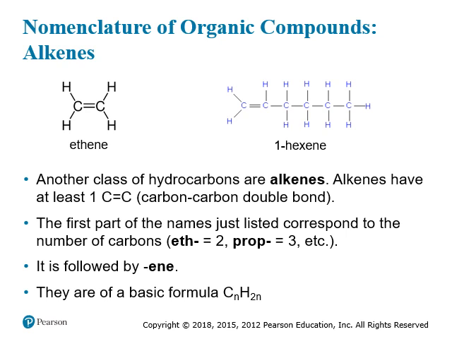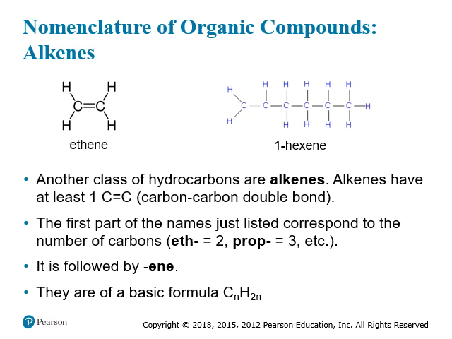Now, you'll notice that as far as the prefixes are concerned, I didn't start by mentioning meth at 1. Well, it would be impossible to have a 1-carbon alkene since the presence of a carbon-carbon double bond indicates an alkene. So the first possible alkene, numerically speaking, would be ethene, followed by propene and butene.